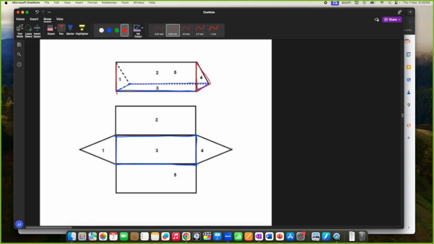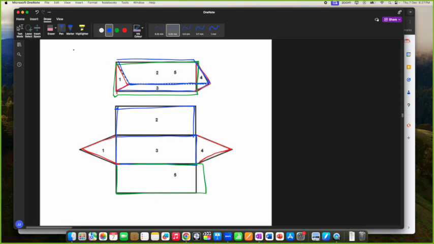You would have to find the area of this triangle. So you have to find the areas of these. And then of course you have this backside, which we will call 5 over here. And then you have this front side, which is 2, which is the slant side, which is this one.